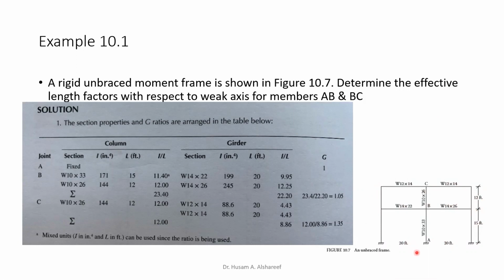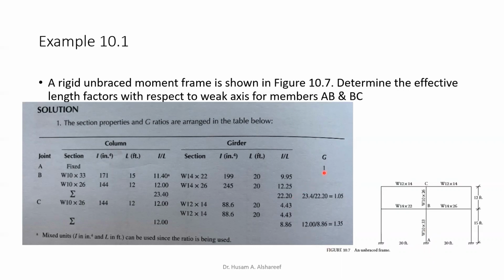So the way we go about this is finding G. We have to find G at each point in order to find the K value for each column. So let's start with joint A. We learned from previous lectures that at a fixed end joint, G is always 1.